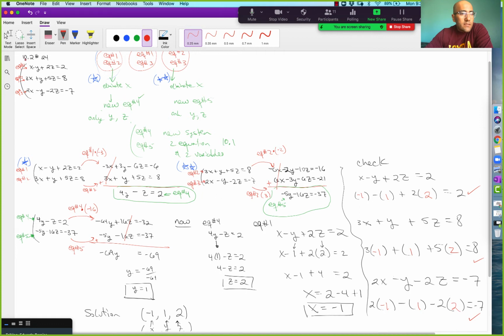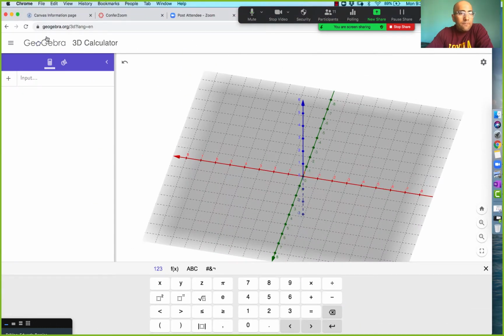So we did 10.2 number 24, a system of equations like this. So let's look at an online graphing tool that will help us with 3-dimensional grids. I love Desmos for 2 dimensions, as we've used a lot, but they don't do well with 3 dimensions, not yet at least. So there's another program by GeoGebra.